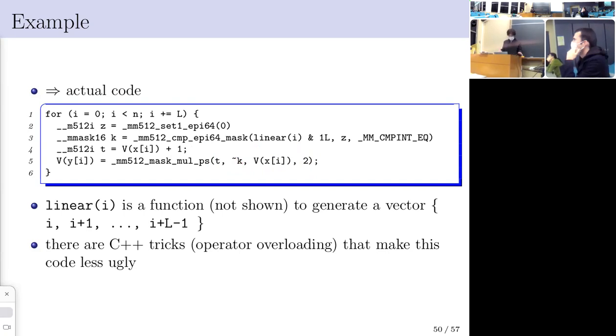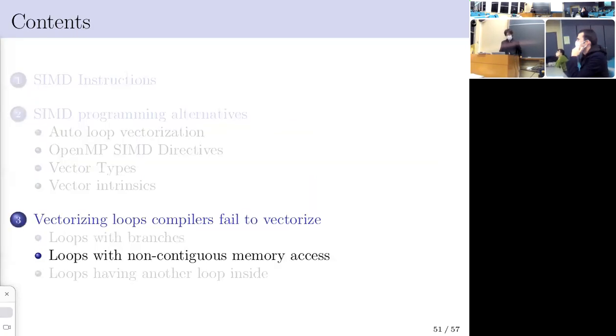Again, I may have made some mistakes in details, but this is how you manually vectorize loops containing an if branch.